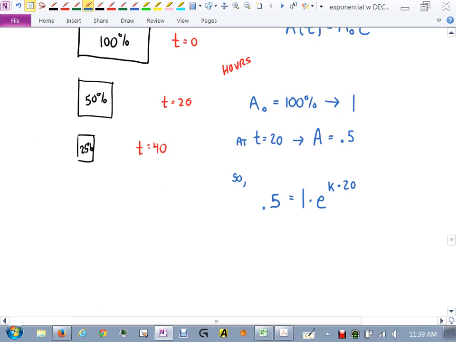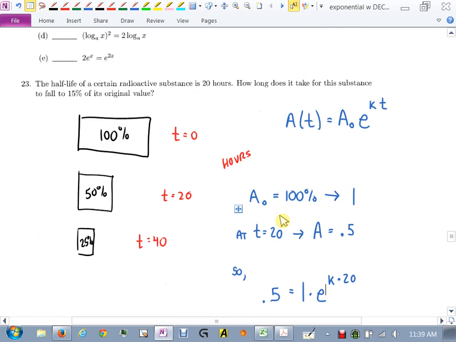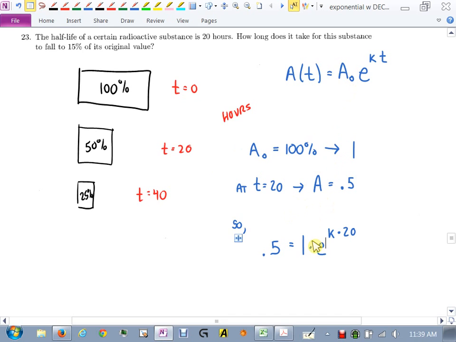If you know the half-life, you can find the K. And here's how you do it every time. The original amount, 100%. The left side is how much is there after a certain amount of time. Well, we're doing half-life, right? Half-life, half of it's there. How much time does it take for that to happen? 20 hours. Make sense? If this had been a different material and the half-life was 10,000 years, you would have the same setup, except this would be 10,000. Okay? So every one of these half-life problems is going to be set up the same to get K.